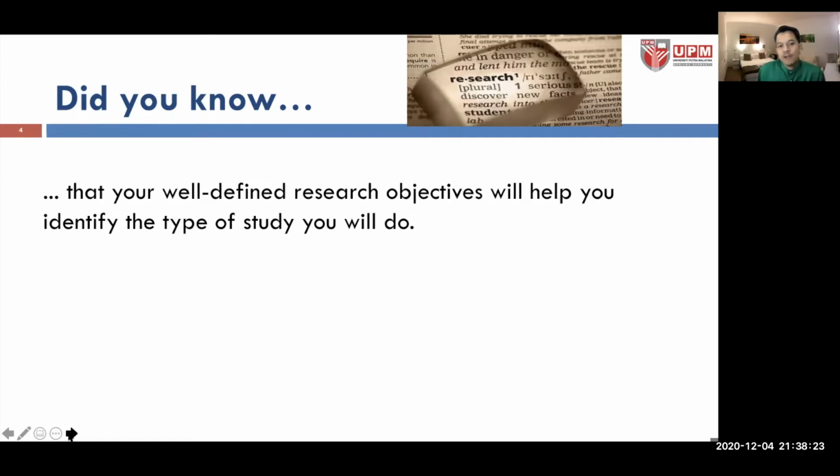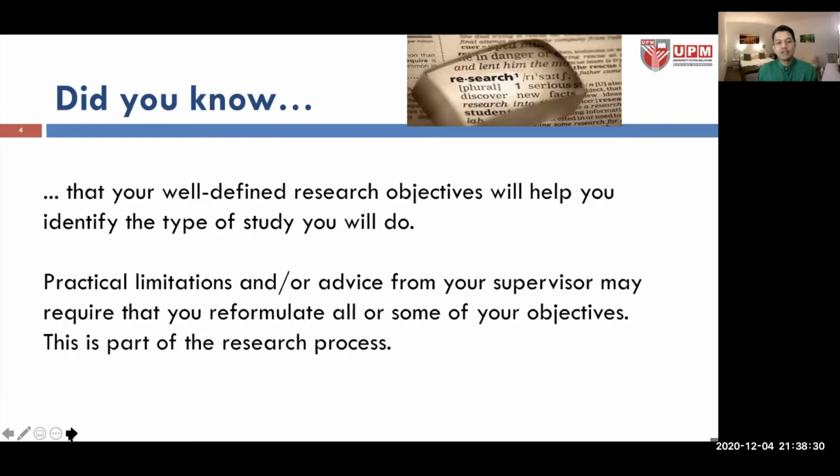Your well-defined research objective will help you identify the type of study you will do. Practical limitations and/or advice from your supervisor may require that you reformulate all or some of your objectives.